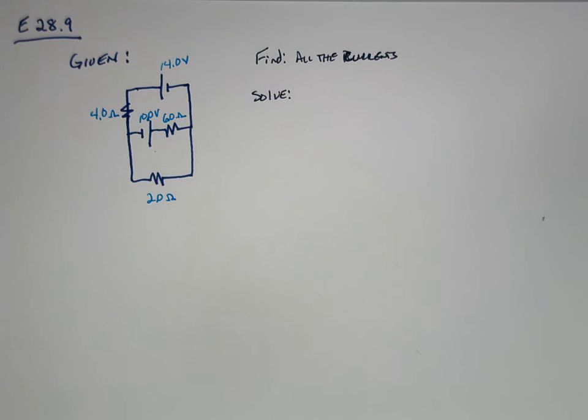The first thing we need to do is to assign directions for our currents. My suggestion to you is find the biggest battery, and whichever direction it's pushing current, make that positive.